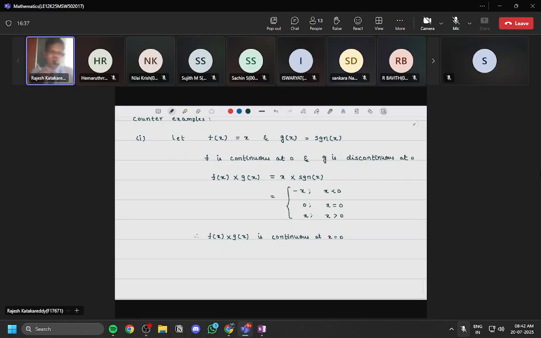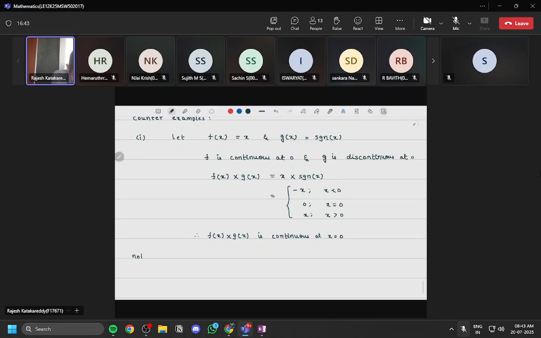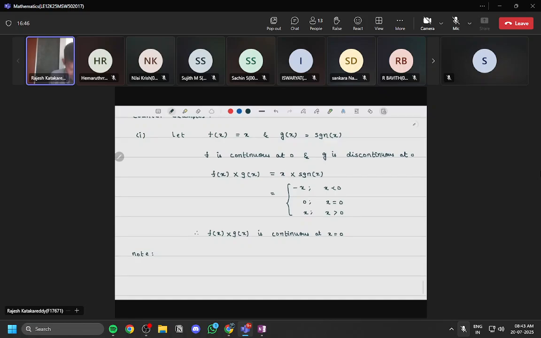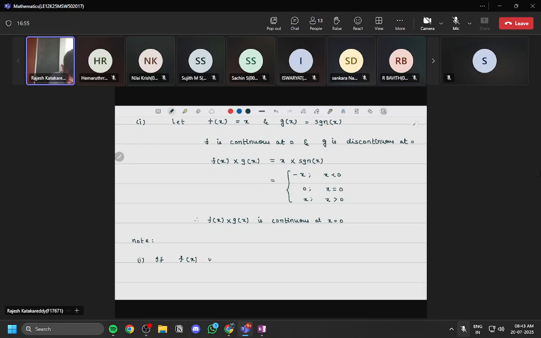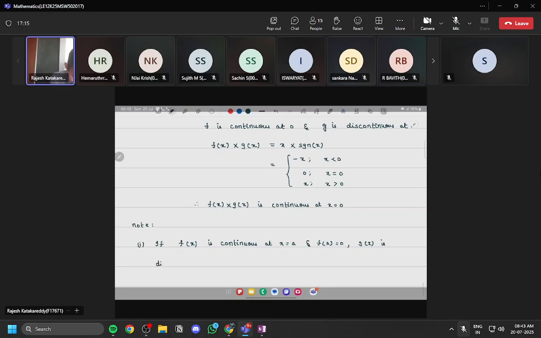To justify this argument, we will note one point here. This is not for all continuous and discontinuous functions. We have some type here that we will write. If f of x is continuous at x equal to a and f of a is equal to 0, and g of x is discontinuous at a.